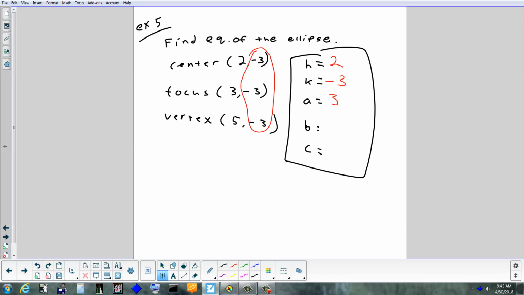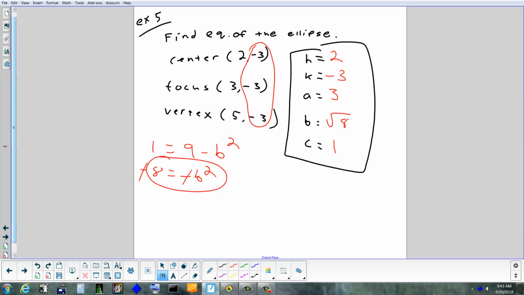C is 1. Yep, we can find C, distance between the center and focus, 1. And now use your equation to find B. C squared equals A squared minus B squared. So B squared is 8. And really that's what you need for the equation. For graphing purposes, you could find B as the square root of 8.